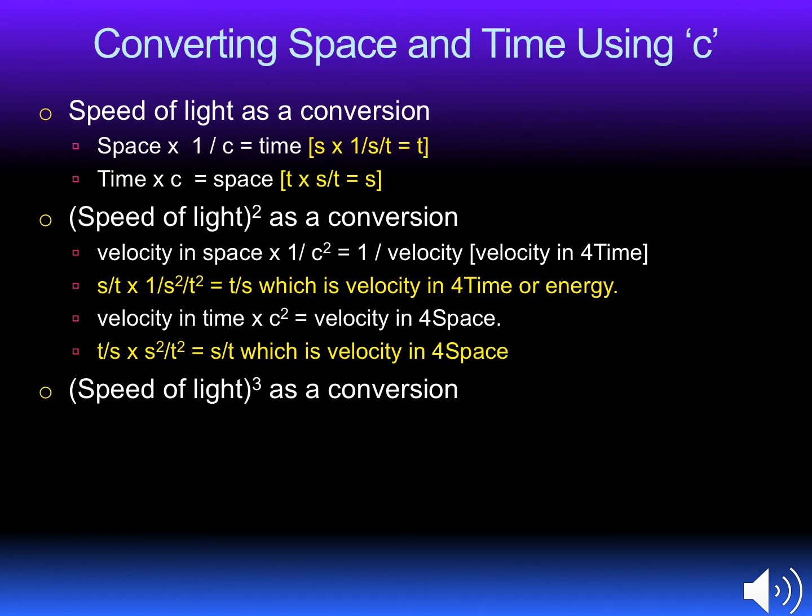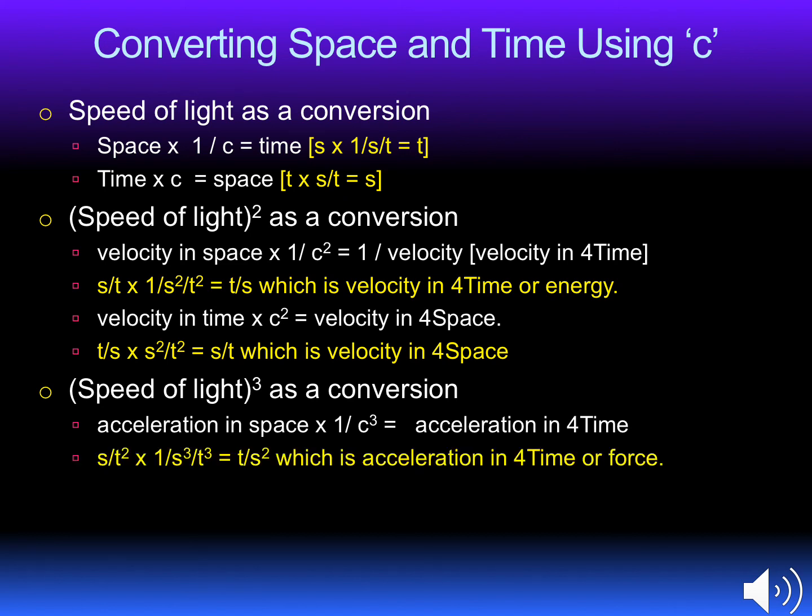And finally, speed of light cubed as a conversion. If we take acceleration in space and multiply it by 1 over c cubed, we get acceleration in time. The units in this work out that we have s divided by t squared multiplied by 1 divided by s cubed divided by t cubed equals t divided by s squared, which is acceleration in 4 time, or force as we have defined it before. Acceleration in time times c cubed equals acceleration in space.